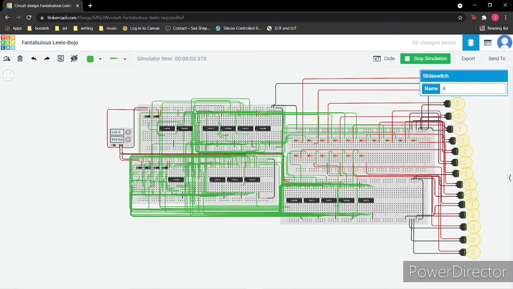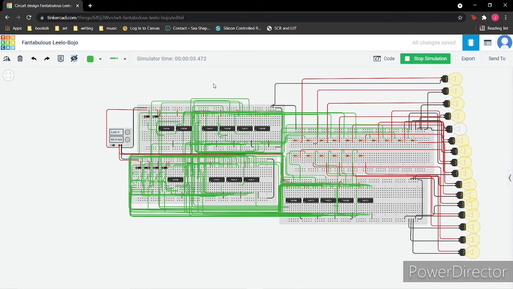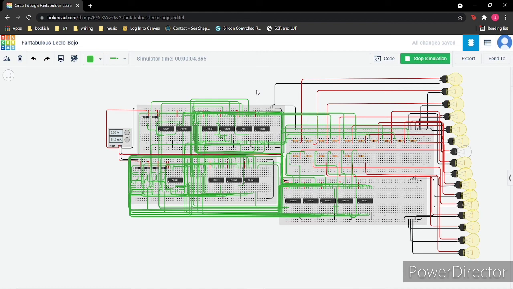And let's try 4, Y4 is low, and 5, Y5 is low, and 6, Y6 is low, and 7, Y7 is low.